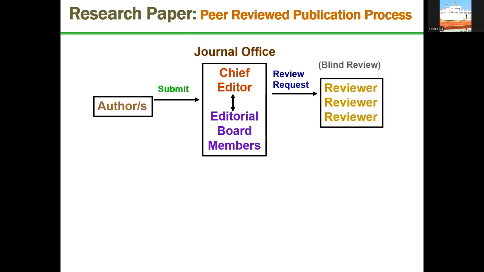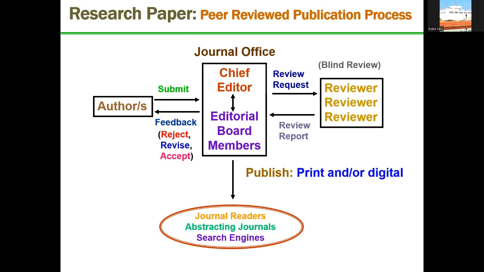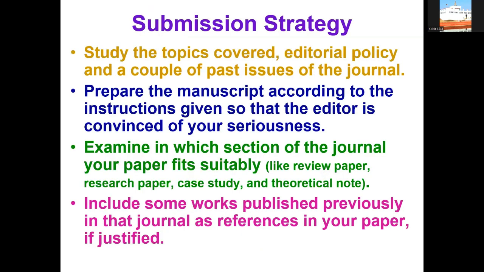After getting the approval from the author, it is again sent to the reviewer for checking, and then it is published. The review report comes, and then feedback: reject, revise. Then the last step is the publication of your research paper in the journal. Lastly, it goes to the abstracting journals and search engines. There are some sites for this. So there are some strategies.